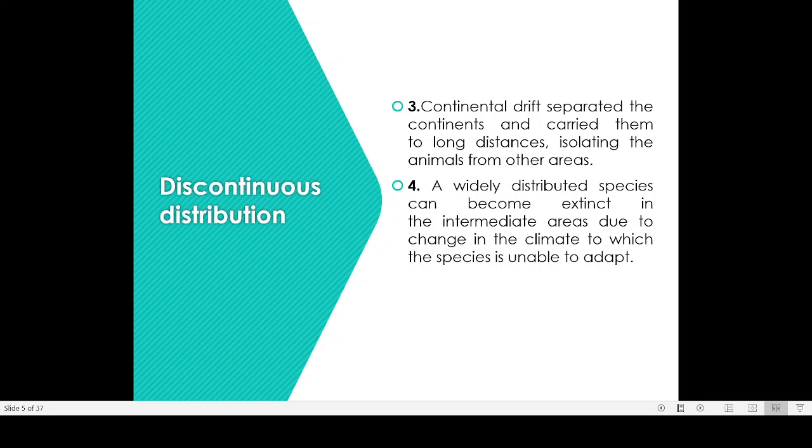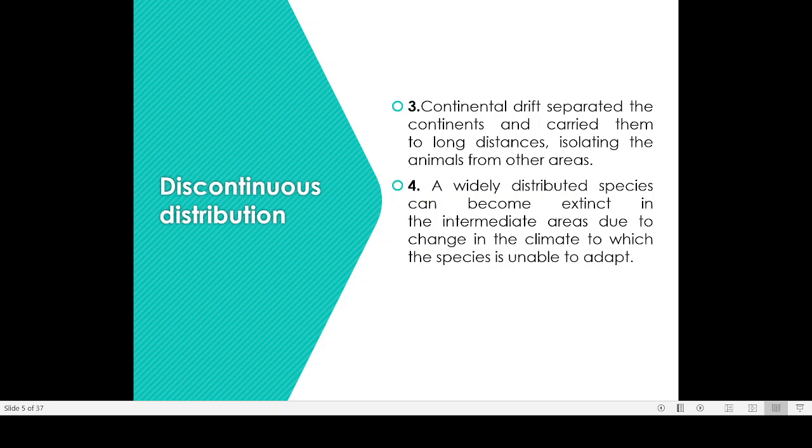Another case is that widely distributed species can become extinct in an intermediate area due to a change in climate to which the species is unable to adapt. For example, some animals are present in Africa and also in India, but between India and Africa we find Europe and major areas of Asia.